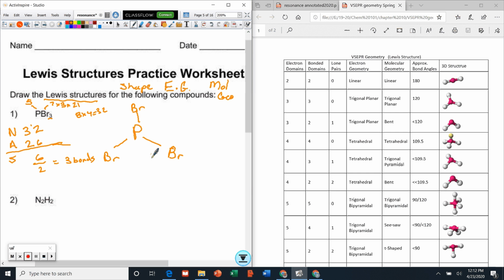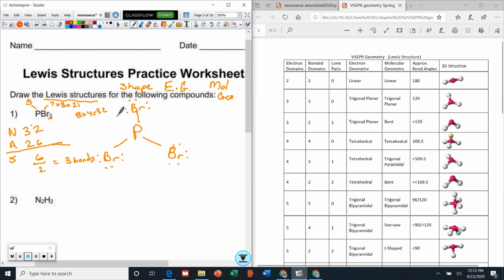I'm just spreading them out and going from there. Now, each of my bromines, I'm going to give electrons to give it a full octet. All right, so each of my bromines have a full octet now.